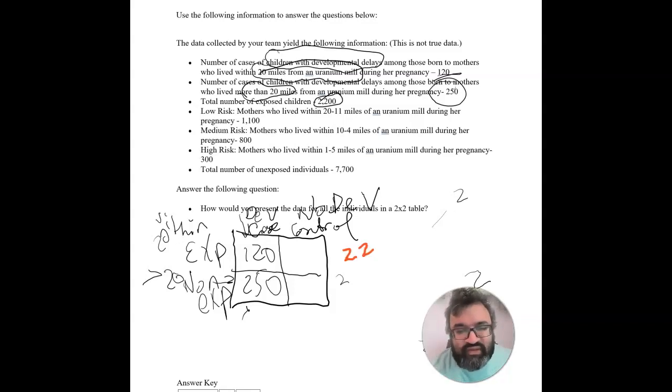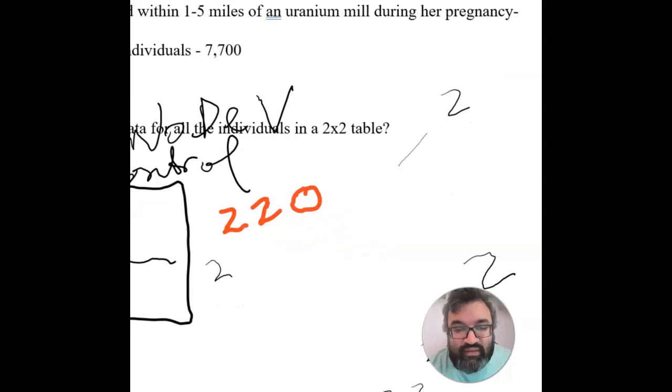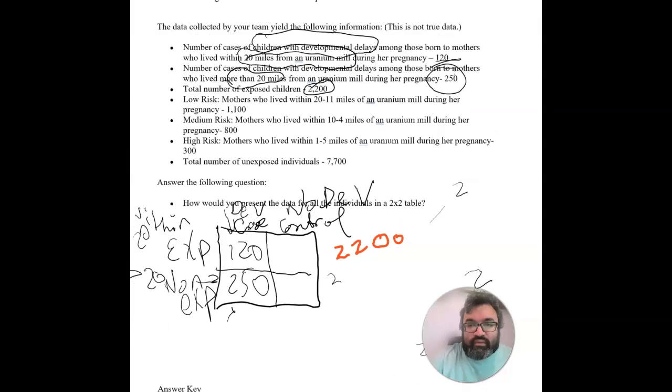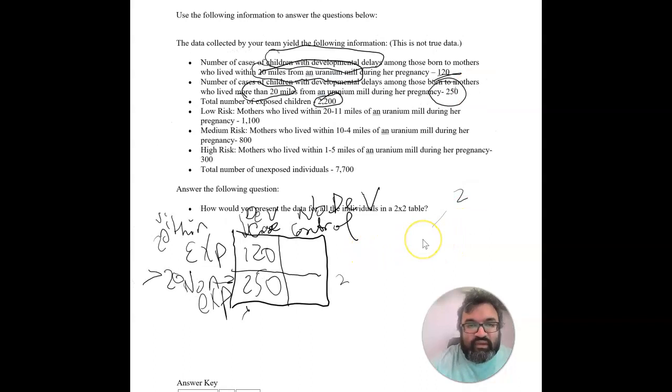The 2,200 is all of the exposed individuals within the sample. So all of the exposed are living within the 20 miles. So the total is 2,200.